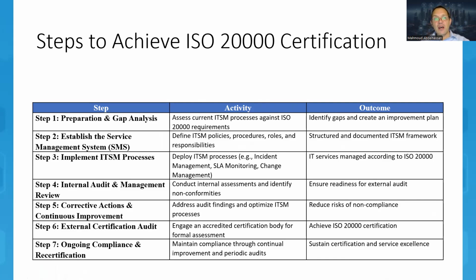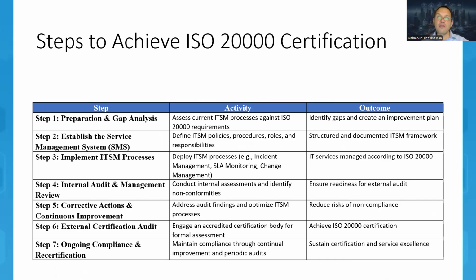Step 5 is the corrective actions and continuous improvement plans. So we will address in this step all the findings that came from the internal audit and how we will optimize the IT service management processes related to our organization.